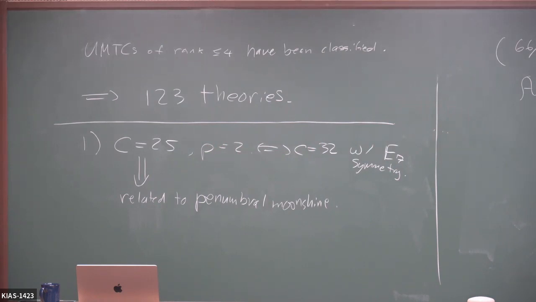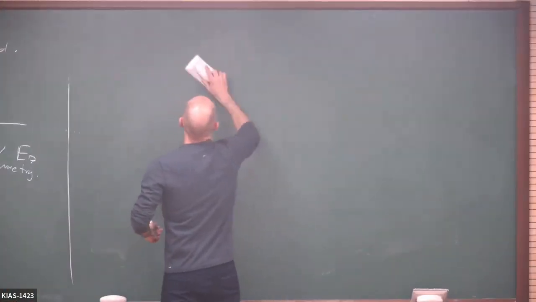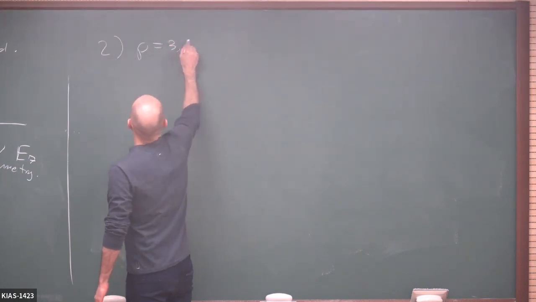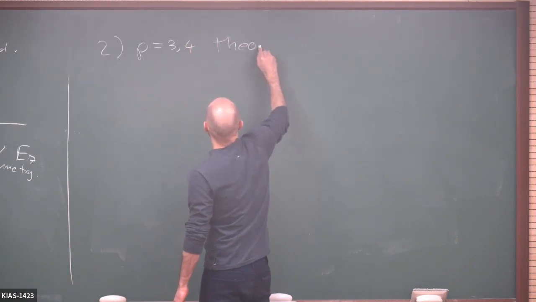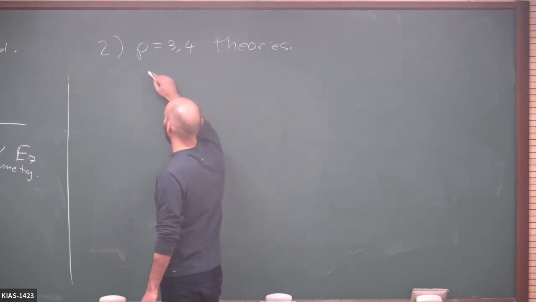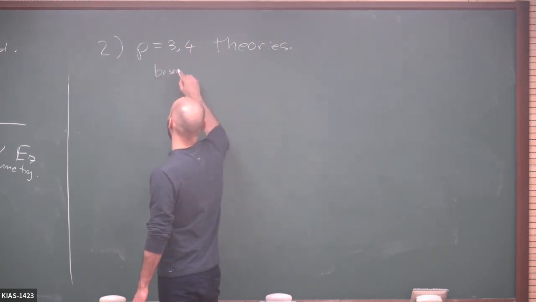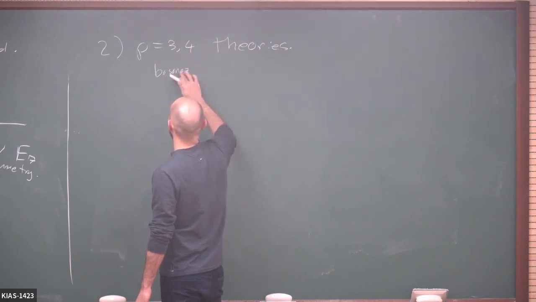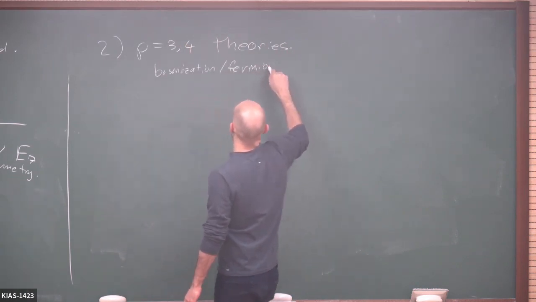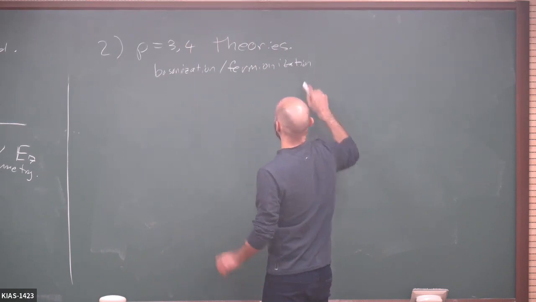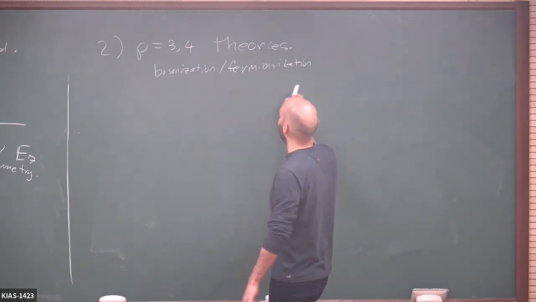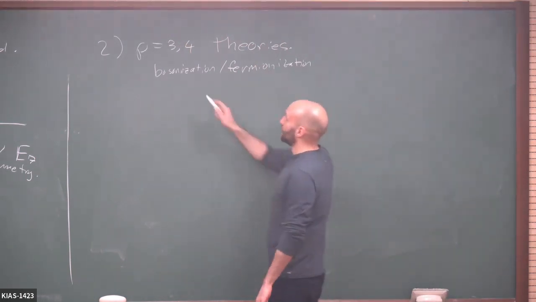The next obvious direction is to try to classify 3 and 4 primary theories. One of the reasons you might be motivated to do this is that by well understood relationships between fermionic and bosonic theories, bosonization, I might be abusing these words, but anyway, there's a relationship between chiral fermion theories and theories with p equals 3 and 4.